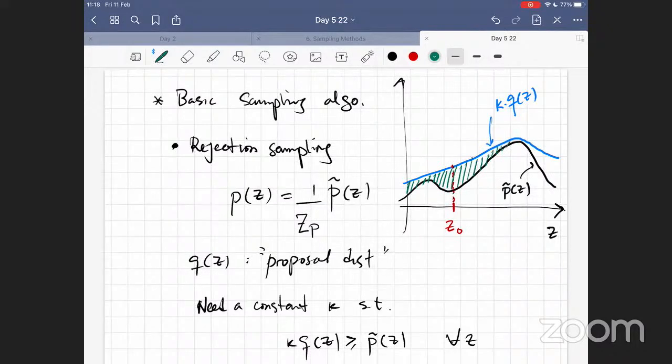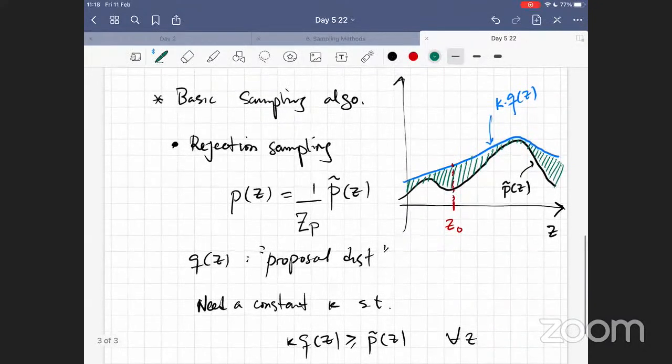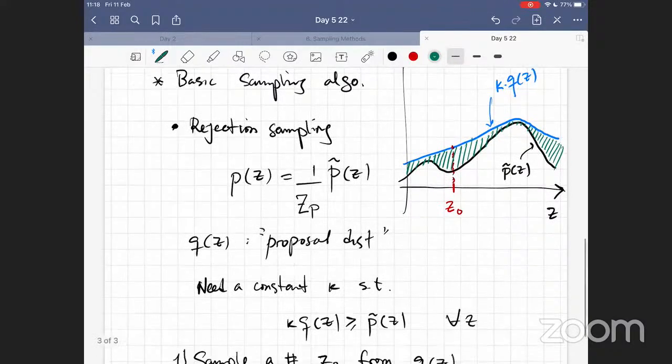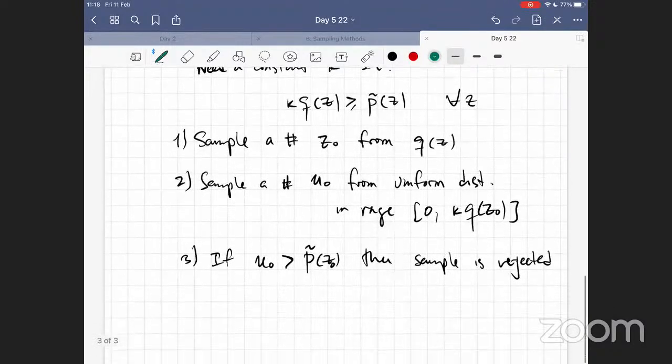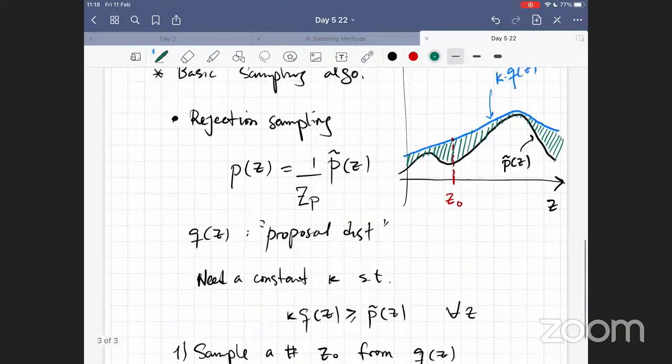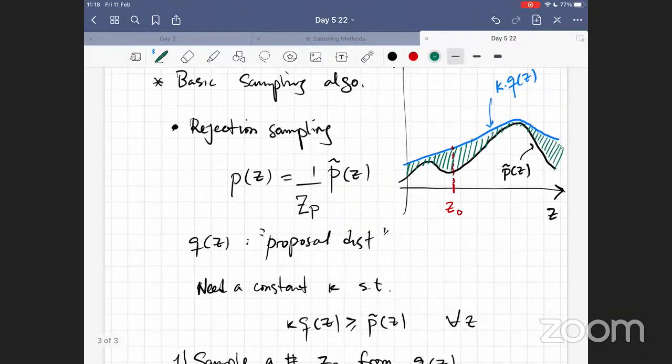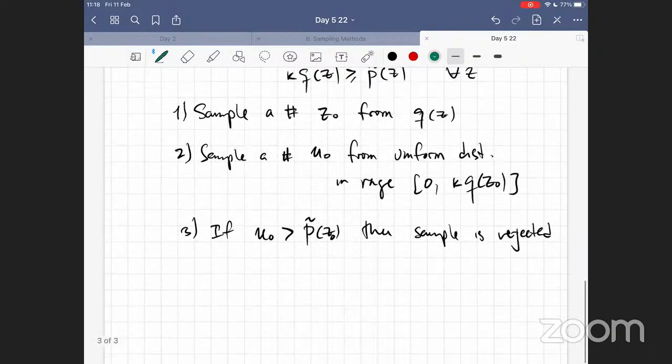All this area here is being rejected. By following this step number 3, I would reject everything which is above the desired distribution. And that is a way to get samples from P of Z.